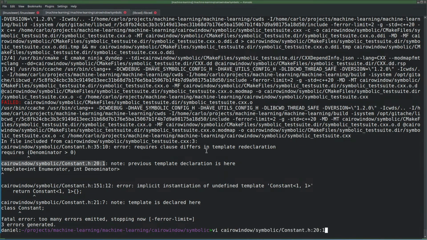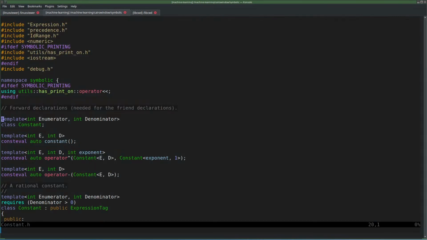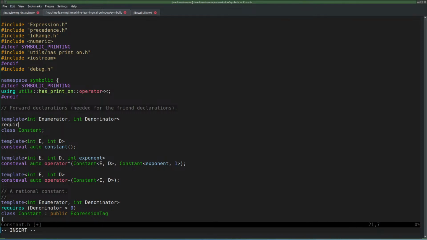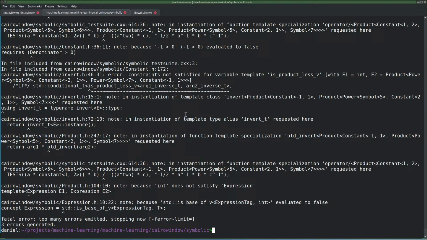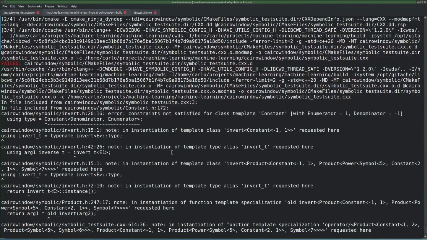Previous template declaration. We have a for declaration. Constraint not satisfied with denominator is -1.